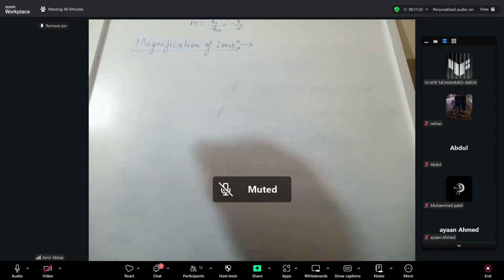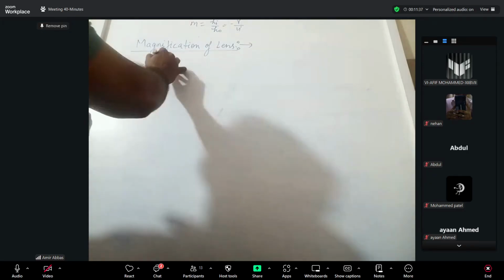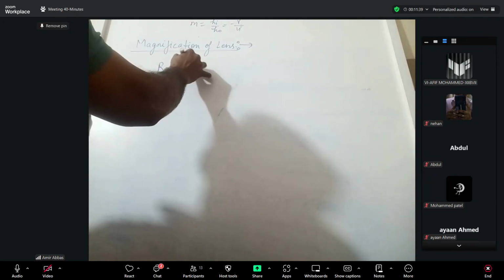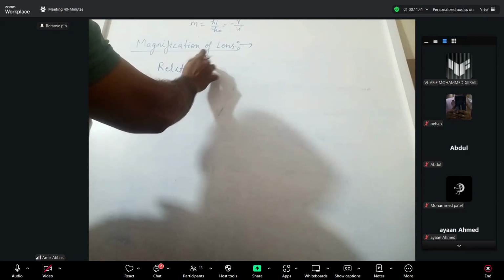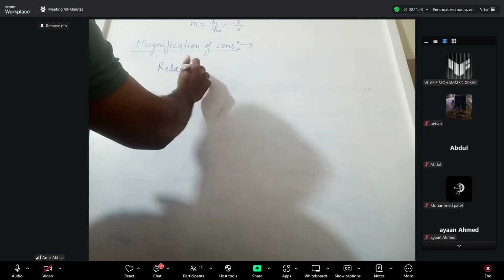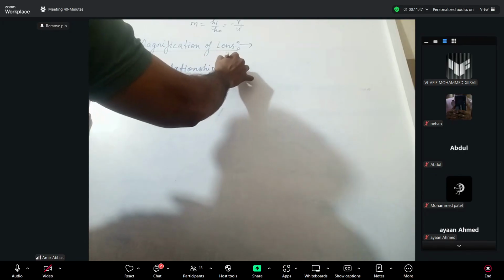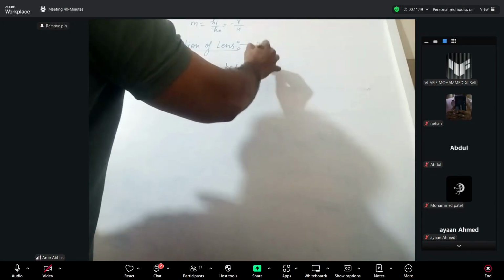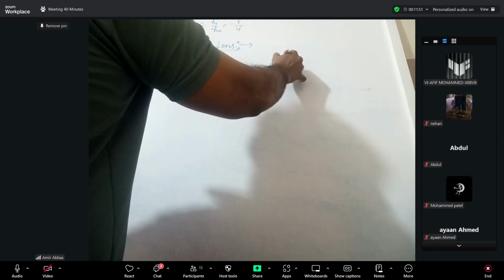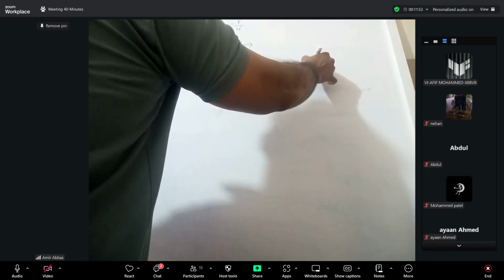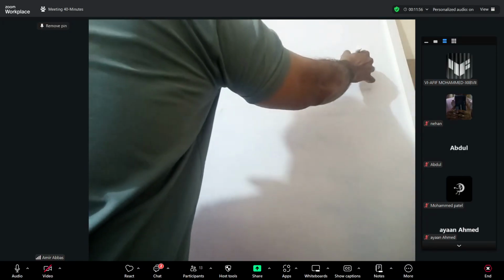Okay. There is also a relationship between focal length and M, magnification. Have you got this?